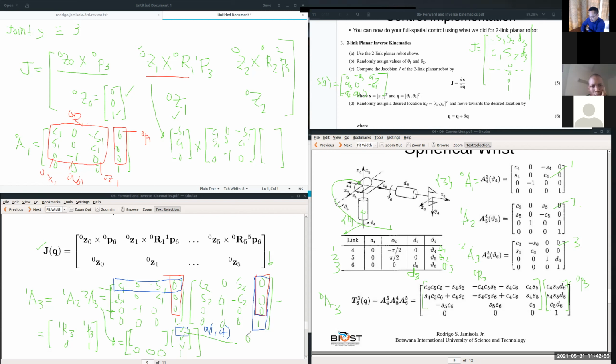That is 0. Next, the same thing, we compute the second row and the same column. Again, that is 0. And the third row and the last column, again, that's 0.